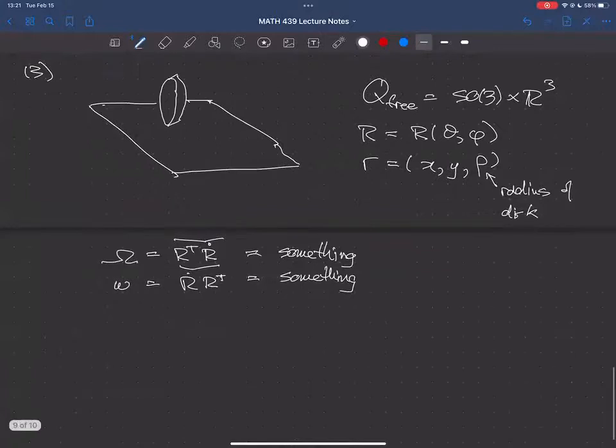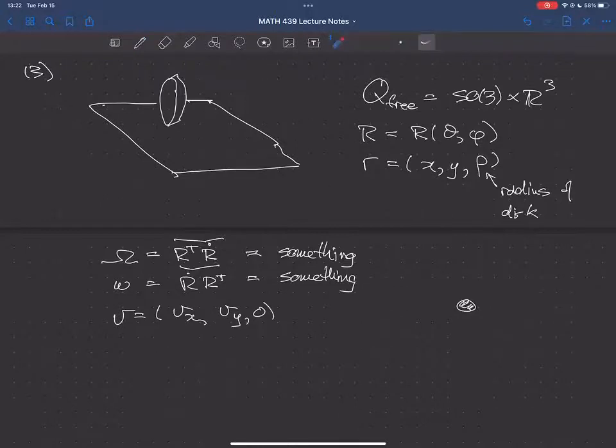Then you don't have to make mistakes transcribing things. Okay, and then V is, of course, Vx, Vy, 0. Okay, and again, just like in the previous examples, you can assemble all this information into a big long thing if you wanted to.